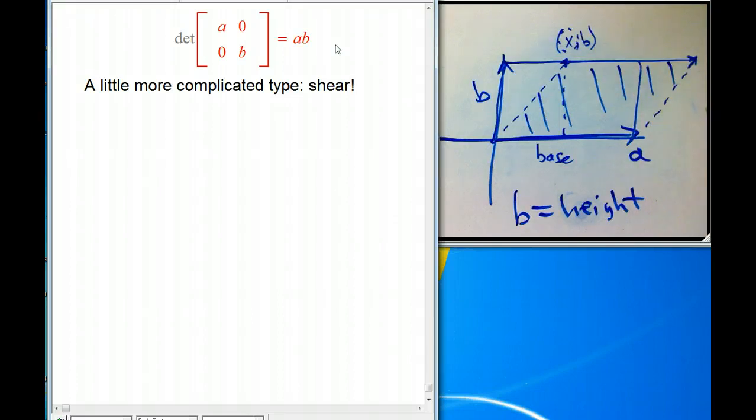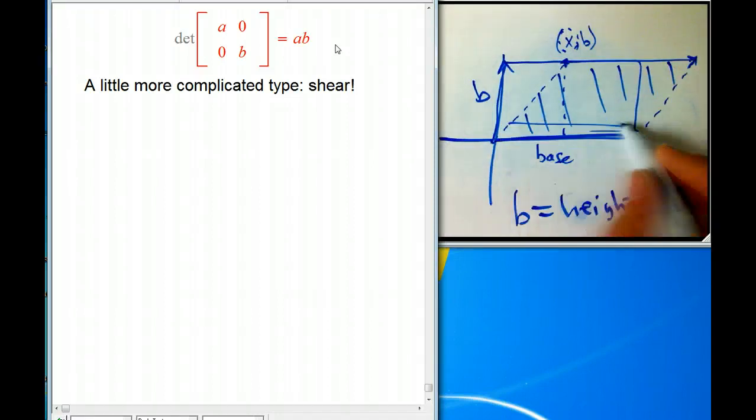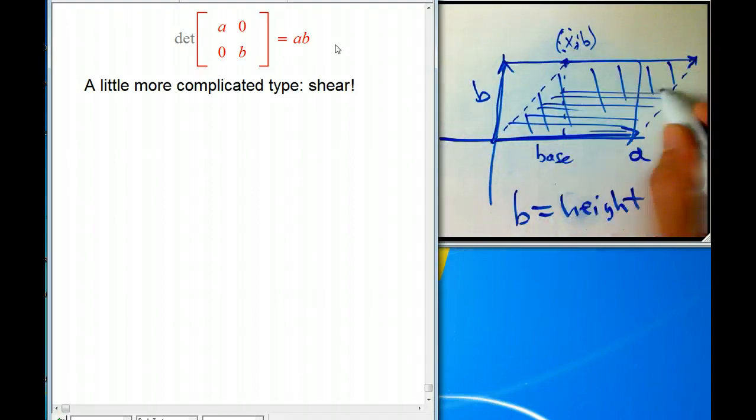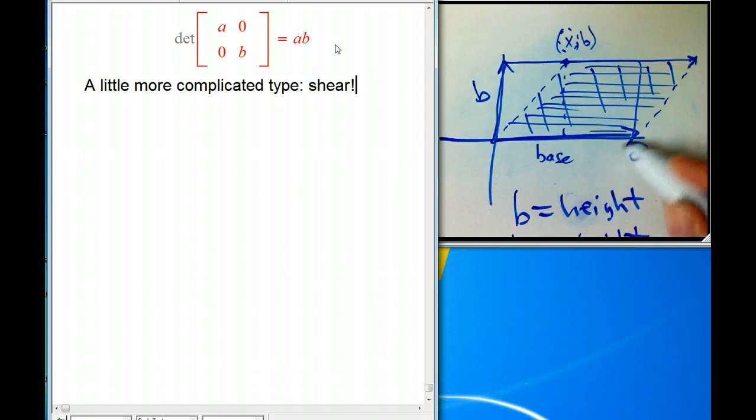One way to picture this is to picture a stack of books sideways, and here's the layers of the books, and just push the books over. You're not inflating the books or compressing the books, you're just moving them around. The volume of the books is the same, and if you look at them end on, you've still got the same cross-sectional area. And of course we know that because the standard formula for the area of a parallelogram is base times height. And that's still a times b.